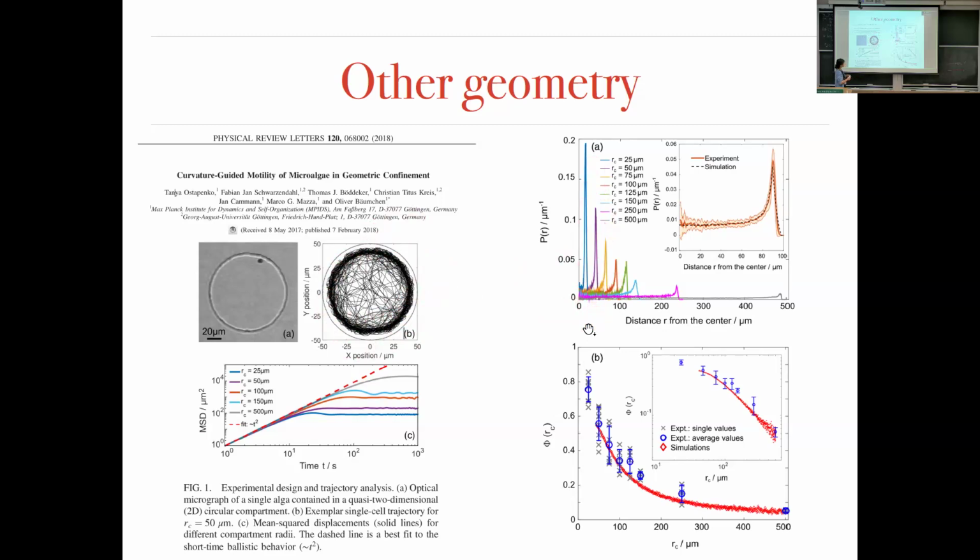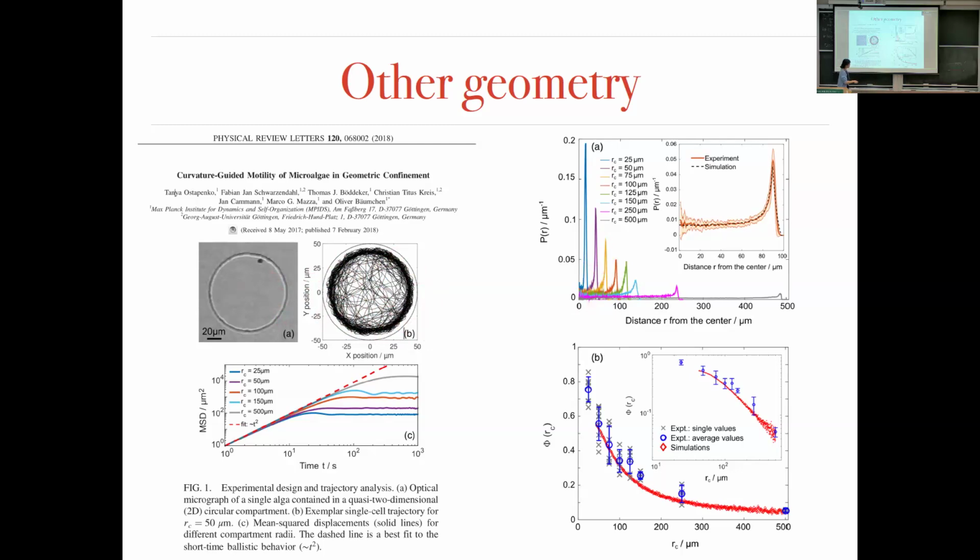They make a disk and just let the cells run in the disk. Then they increase the size of the disk and measure how many of them are attached to the boundary and how many are inside the domain. The result is like this. As you increase the size of your disk, there will be fewer and fewer cells attached to the boundary, and more cells in the middle.